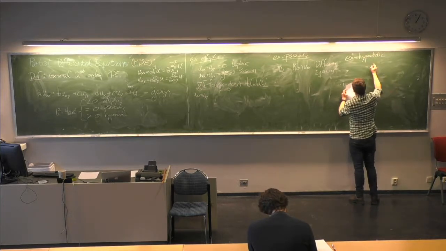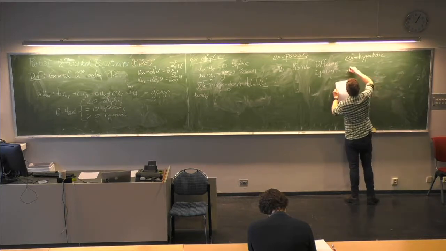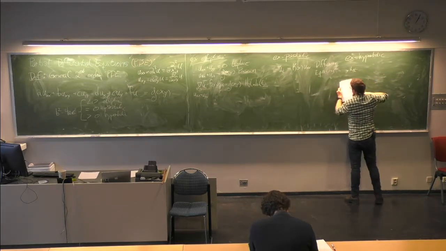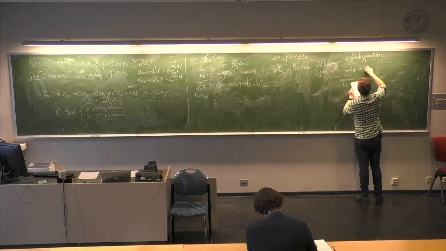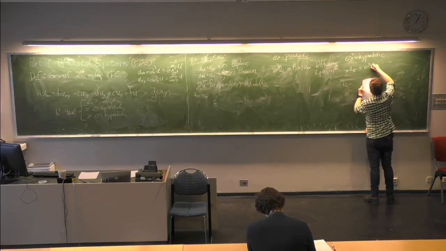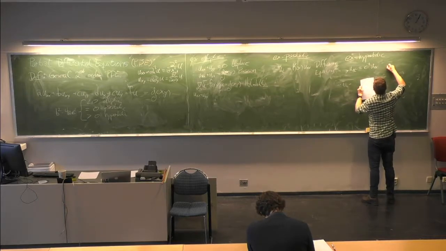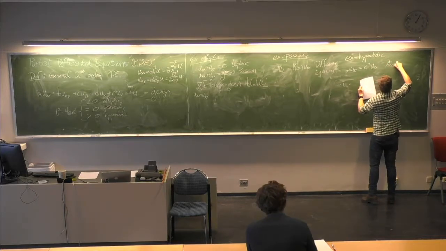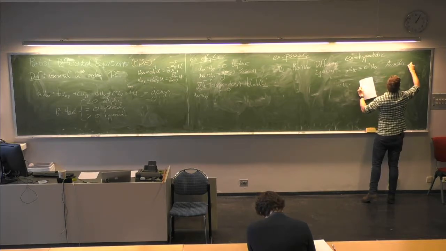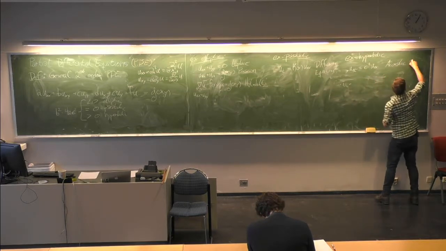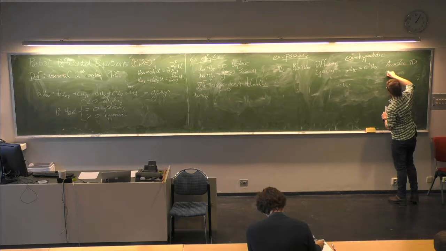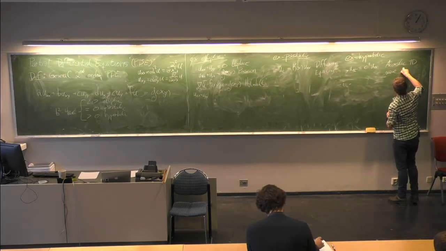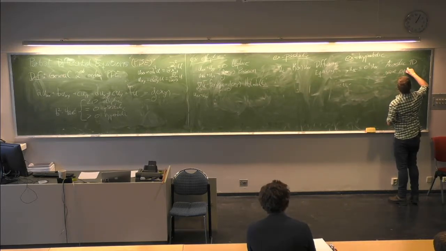Here we find, for instance, the wave equation: U_tt equals c squared U_xx. The one-dimensional wave equation.